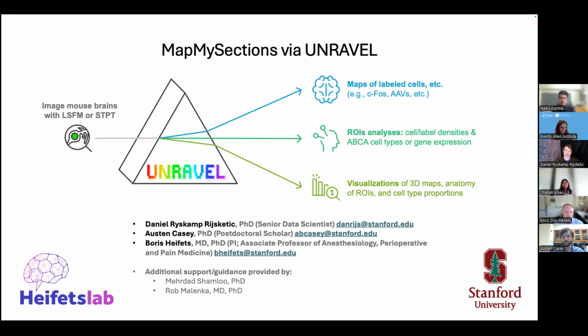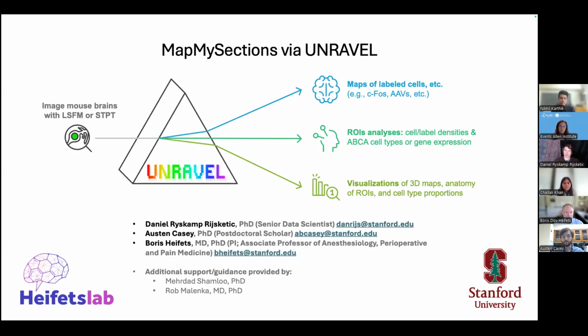We can perform either region-wise analyses or voxel-wise analyses, looking at labeled cell densities within regions of interest, or label densities like axonal innervation. Then once we've identified hotspots, we can look at what Allen Brain Cell Atlas cell types are present, as well as explore gene expression from the Allen Brain Cell Atlas.